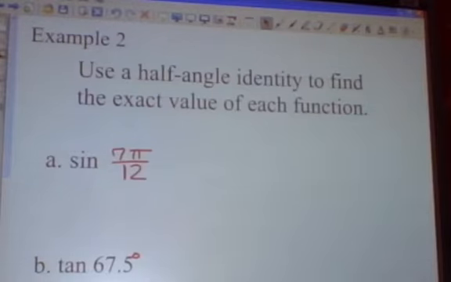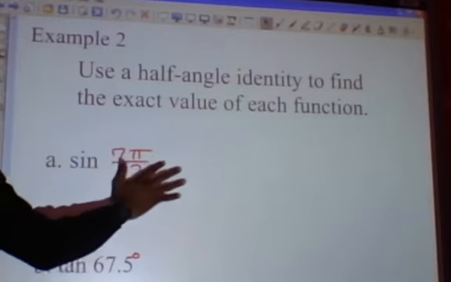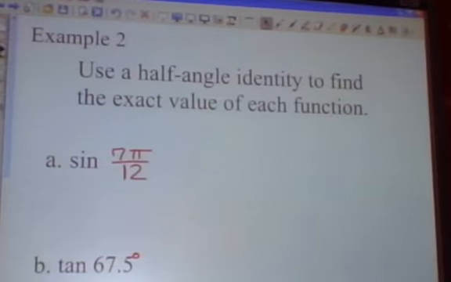So in order to do that, what we will always do, every single time, is take this angle and multiply it by 2. If it's a degree, we multiply it by 2. If it's a radian measurement, we multiply it by 2, but we always multiply it by 2 first.